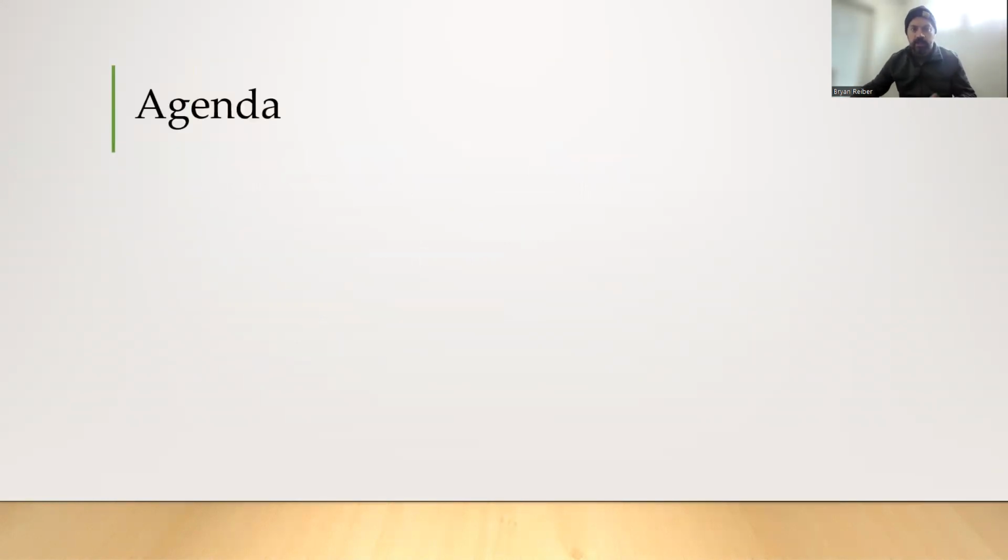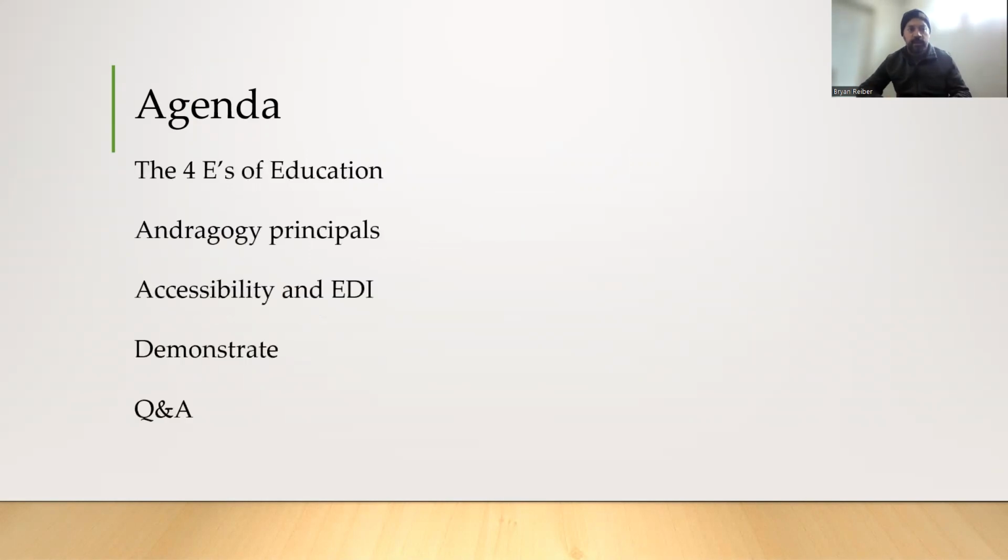So on today's agenda, we're going to be looking at a few things like the 4 R's of education and how they apply to Google SketchUp, and maybe where some don't work as well as others. Andragogy principles put forth by Malcolm Knowles in the 1970s, and basically, how do we teach adults and what are the kind of things involved in motivation of adult learners.